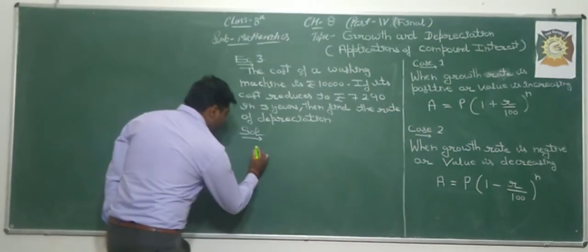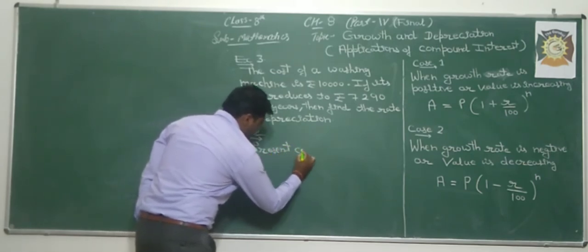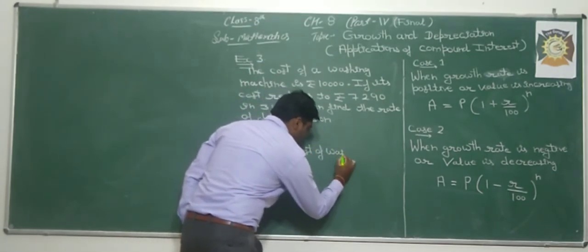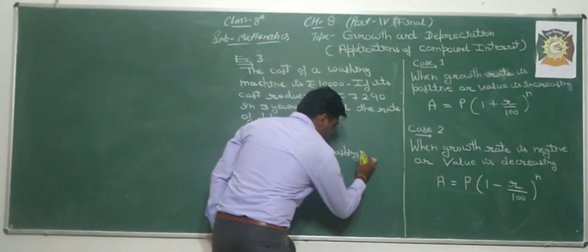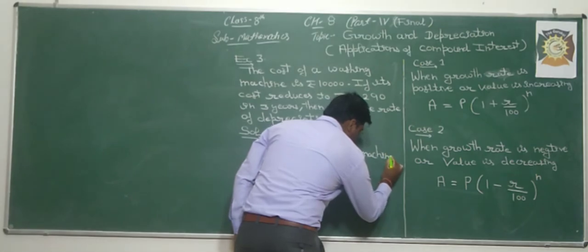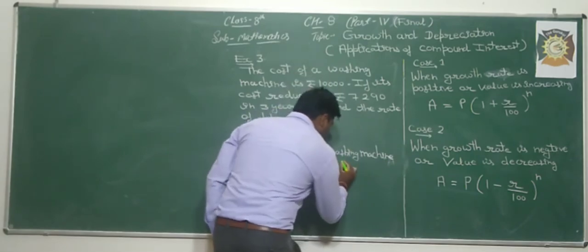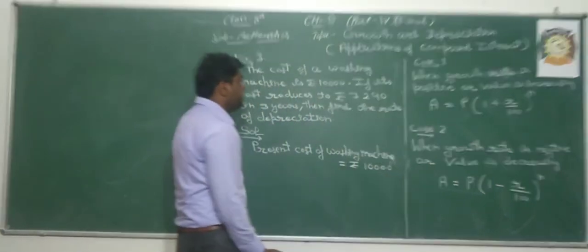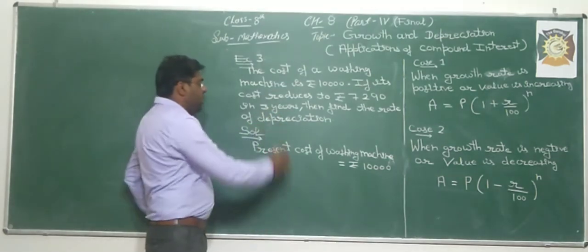So present cost of washing machine is 10,000 rupees, and then it reduces to 7,290 in 3 years.